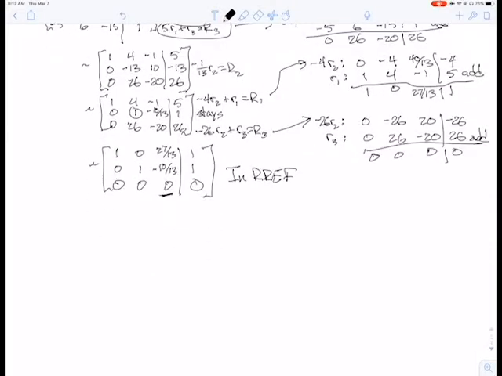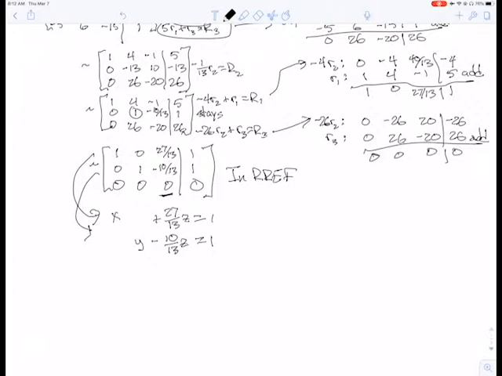So I'm going to switch this back to equation form. That tells me I have x plus 27/13 z is equal to 1. That's what this first row is telling me. The second row is telling me that y minus 10/13 z equals 1.